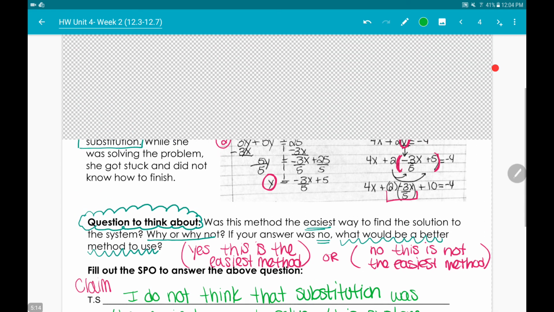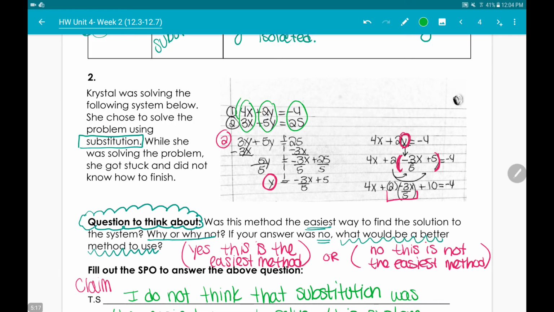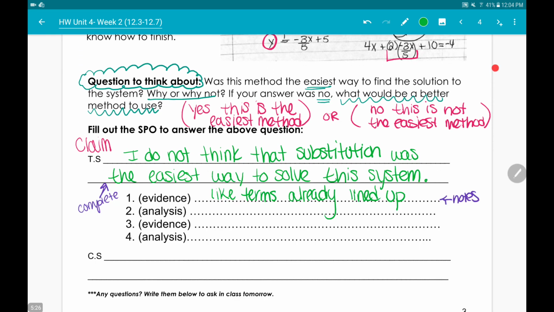So how could I explain that in shorter notes? So all I would have to do essentially is pick which variable I want to eliminate and multiply to match them. So 3, 4, for example. Okay. So quick notes to explain that would be: next step of multiplying is easier than isolating.